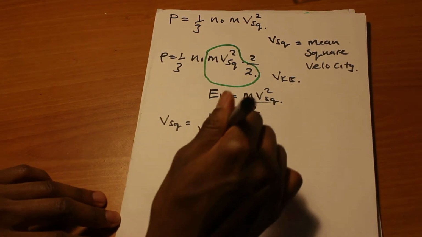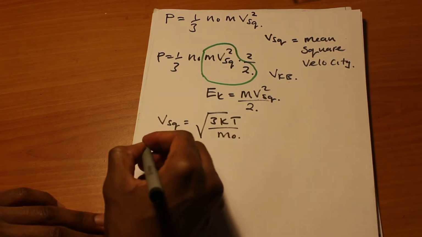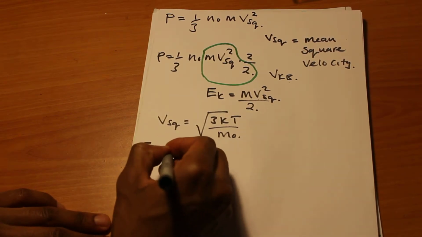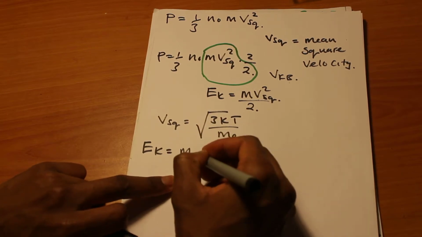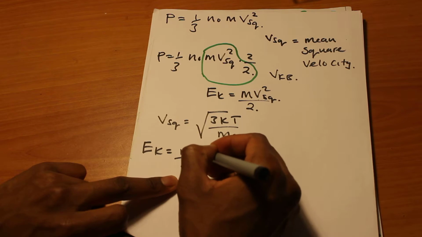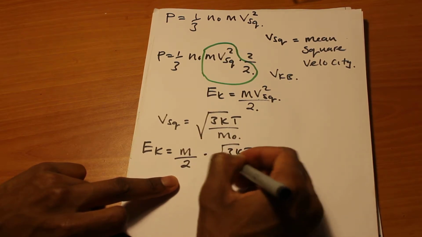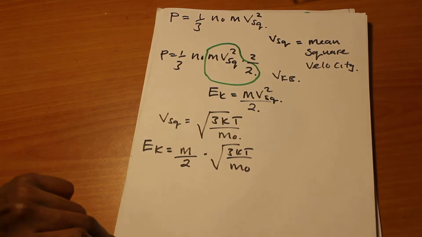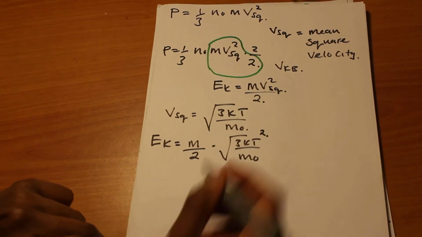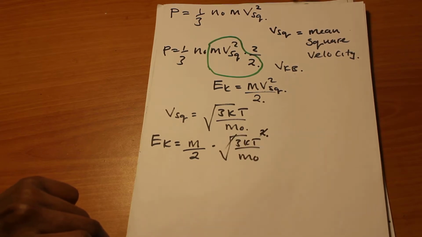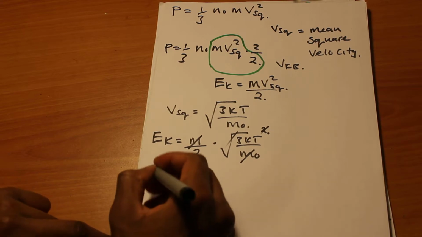So from here we can take this one and replace it into our equation for kinetic energy, and then we're going to obtain something like kinetic energy becomes equal to m, which is the mass, over 2 multiplied by the square root of 3kT over the mass. Not forgetting that this is squared, so we're going to square this. The square root and the square cancel themselves out. The mass and the mass cancel each other out.